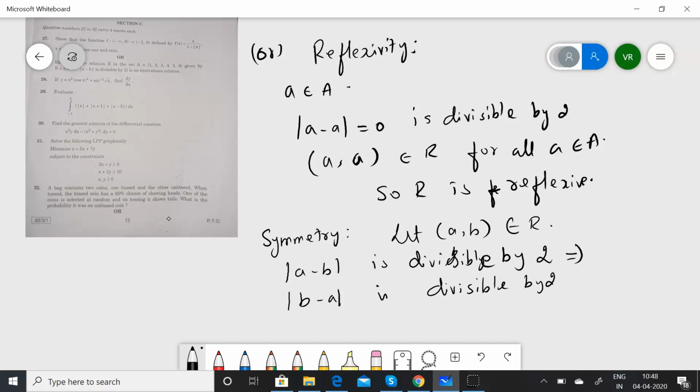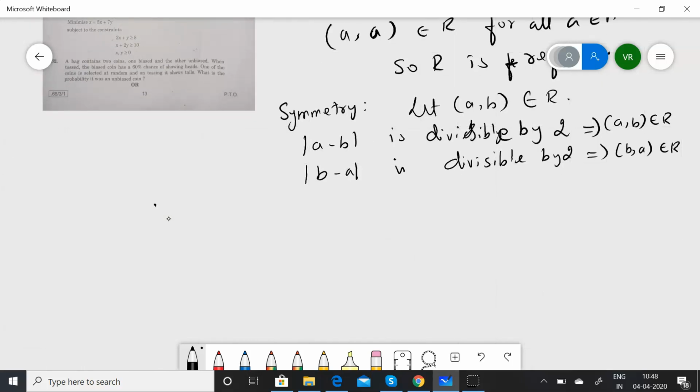This implies when modulus of a minus b is divisible by 2, (a, b) belongs to R. When modulus of b minus a is divisible by 2, this says (b, a) belongs to R. Therefore, you can say (a, b) belongs to R, same way (b, a) belongs to R. Hence, R is symmetric.